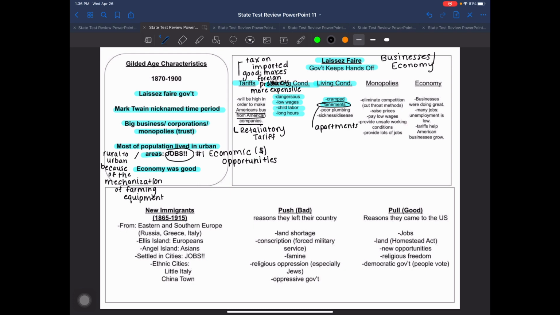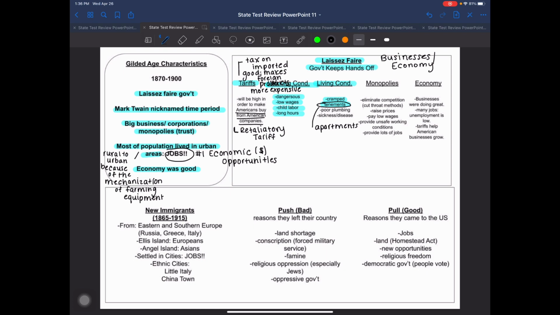These are those one-room apartments that these people would have to pay rent to stay in. They needed to live in these apartments because they were close by to whatever factory they were working in. And to kind of make rent cheaper for the individual, you would try to get as many people in one room as possible. That way you could split the rent amongst how many people are actually staying there.